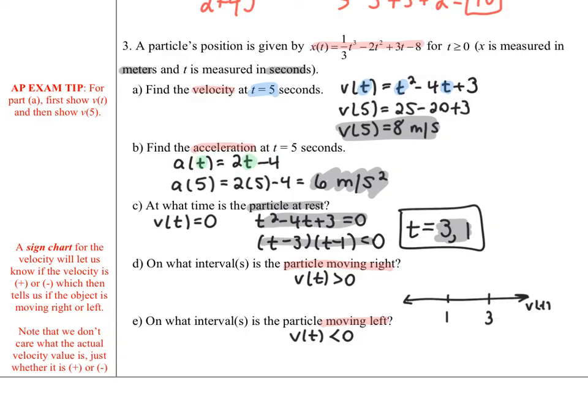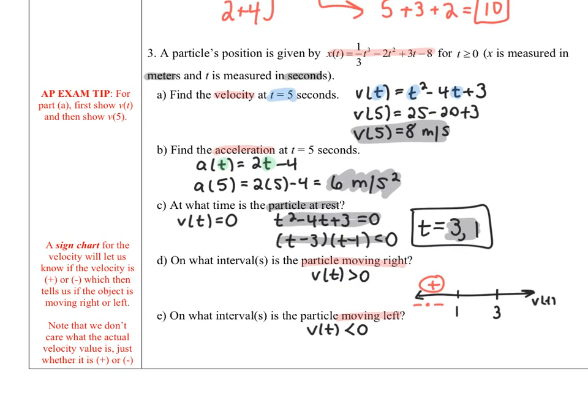So when I plug a number less than 1 into this first factor right here, I would get a negative number. So if, say, I get a 1/2 minus 3 is a negative. When I plug it in here and subtract 1, I get a negative. And when I multiply two negatives together, I'm going to get a positive.